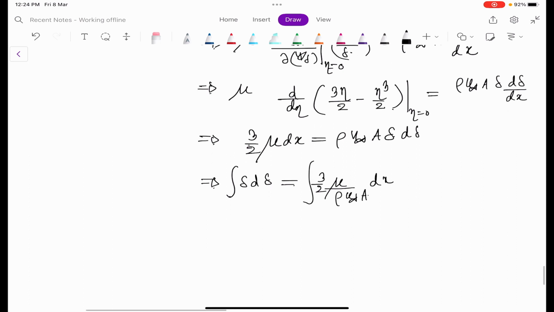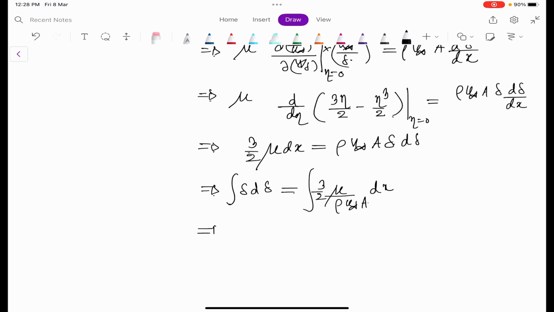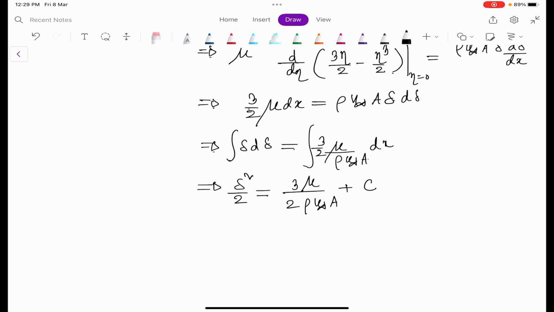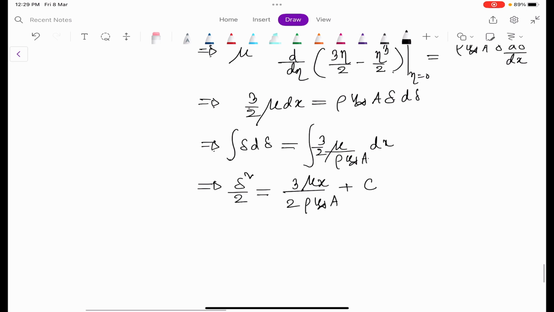Then delta square by 2 is equal to 3 mu by 2 rho u infinity a plus a constant c, constant of integration, into x. That means delta square equal to 3 mu x by rho u infinity a plus 2c.